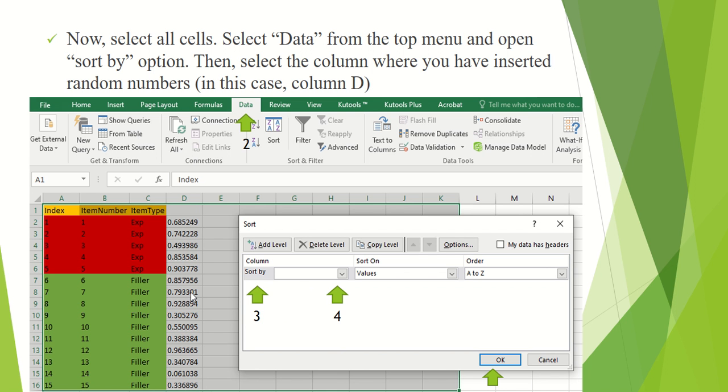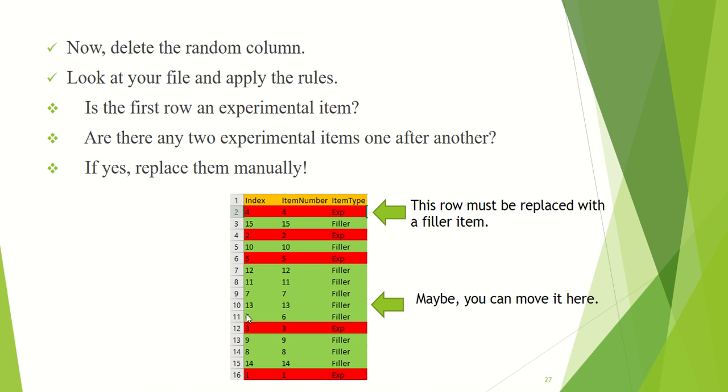So what is the random column label in my CSV file? It is column D. So you sort by column D, and when you click on the OK button, you will have a file which is sorted by random numbers.